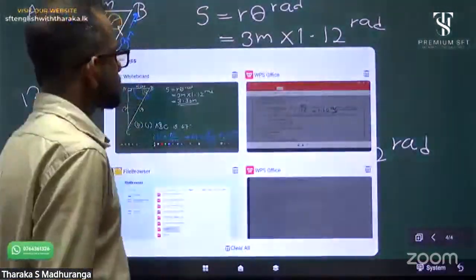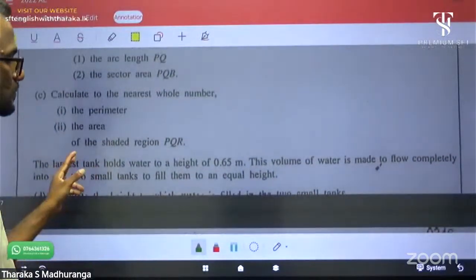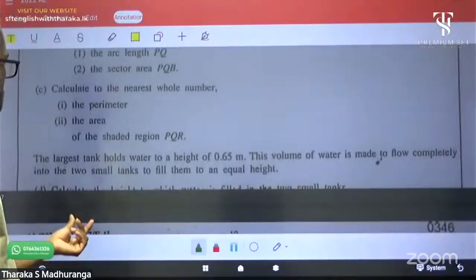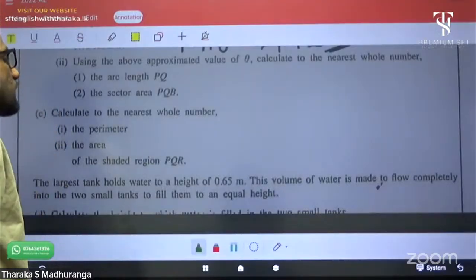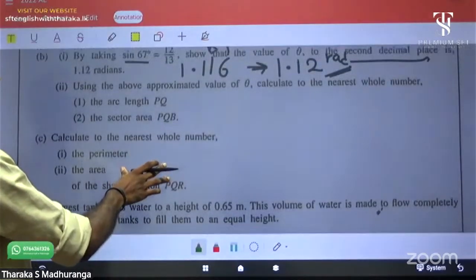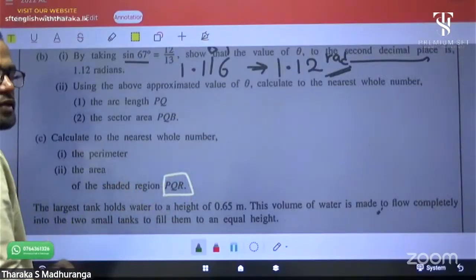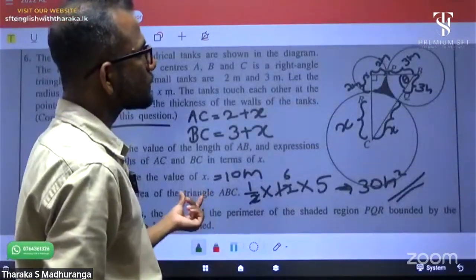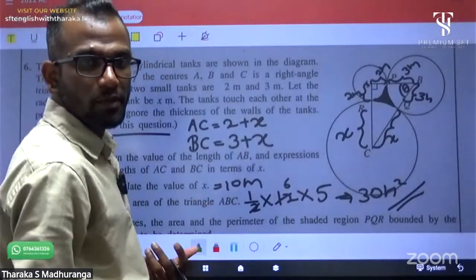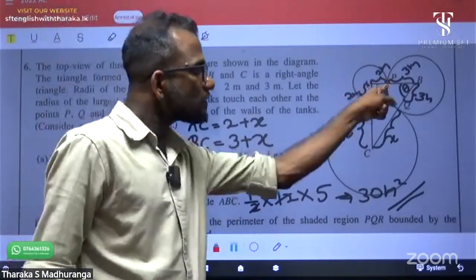Next one. Calculate to the nearest whole number the perimeter of the shaded region PQR. The perimeter of the shaded region is asked.